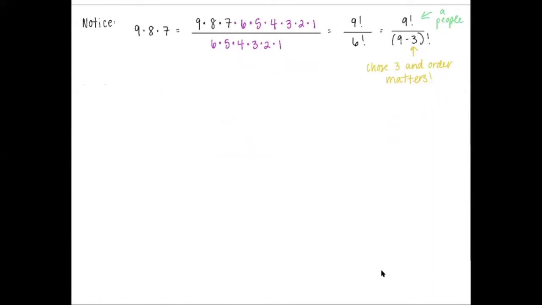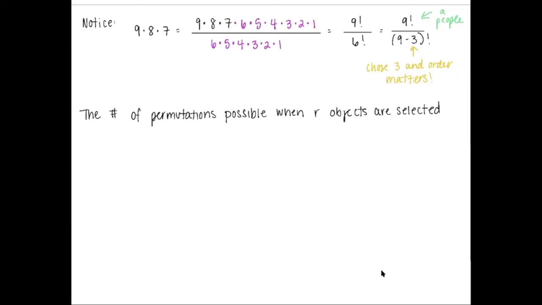So this tells us the number of permutations possible when R objects are selected from N objects is NPR.